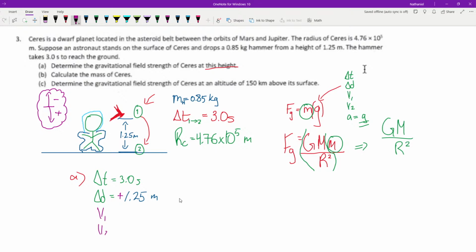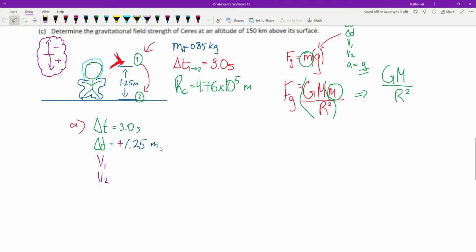So V1, V2, and then A. And A here is just going to be the gravity of this planet, not our planet Earth. We call it G, we don't even put the sub E, but Earth's G value is 9.81. Maybe you've heard this number before. So we're going to figure out this planet's value for G, which means we need to solve for A.